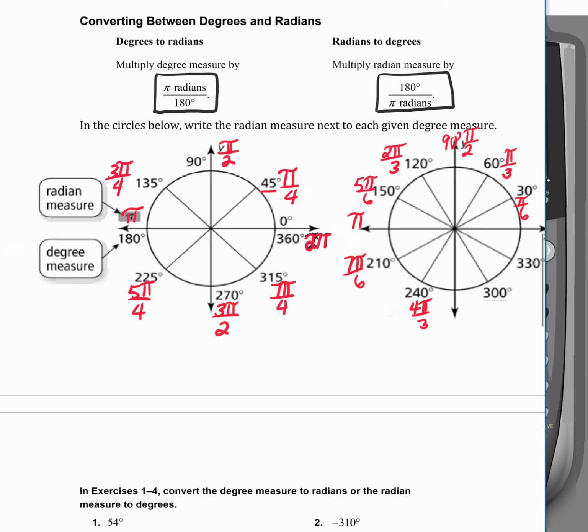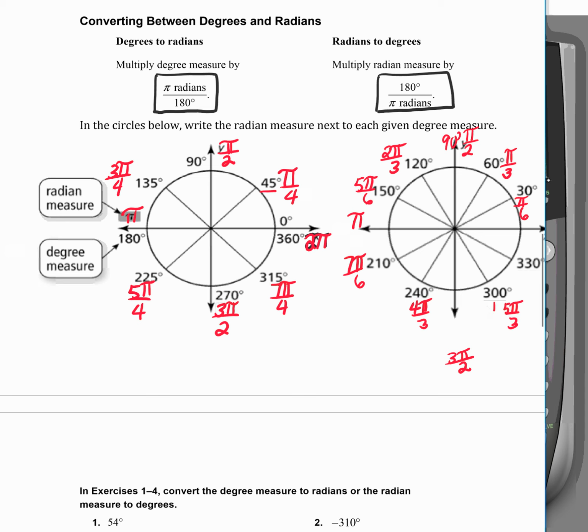I'll leave those up for a second so you can see that counting aspect. 9 pi over 6 simplifies into the 3 pi over 2 that we already had. 10 pi over 6 simplifies to 5 pi over 3.